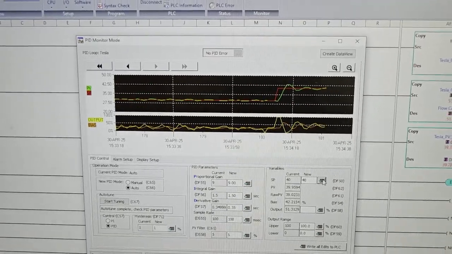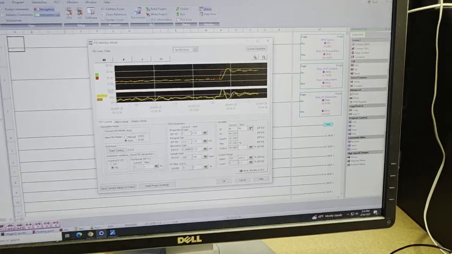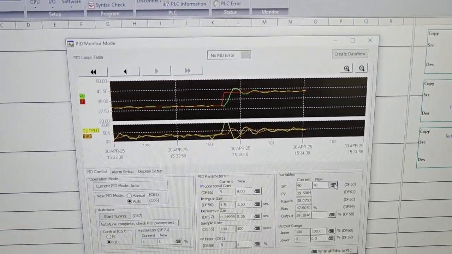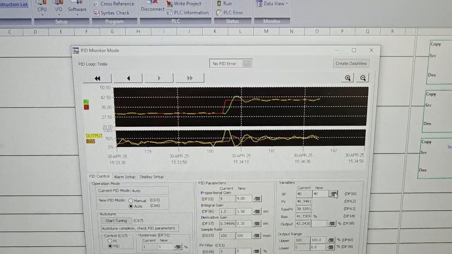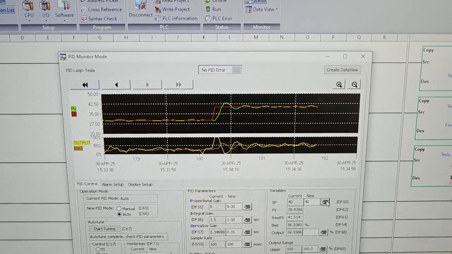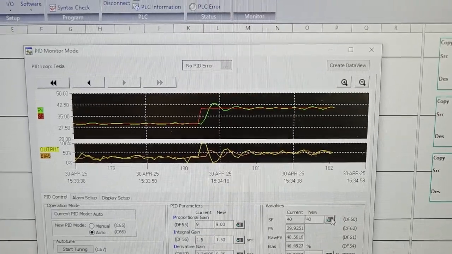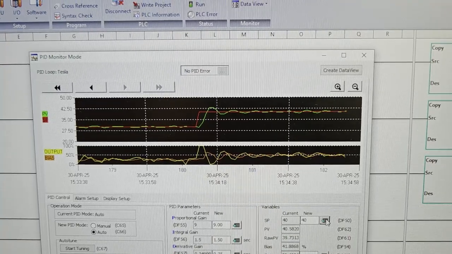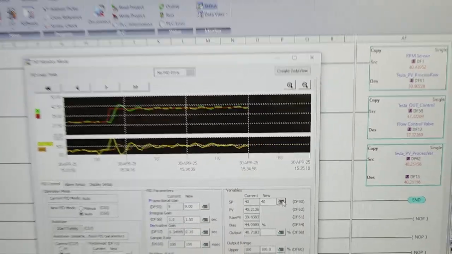Now it's starting to settle down. So now that we have it at the 40, we're going to add some disturbance to the system to show that it can compensate. Holds on pretty tight. There we go.